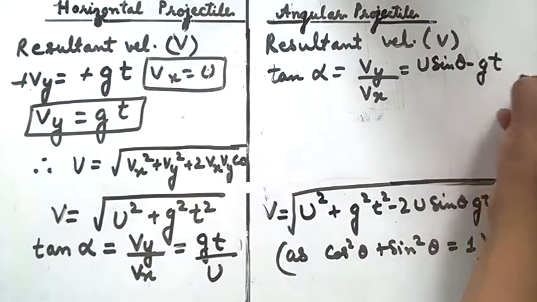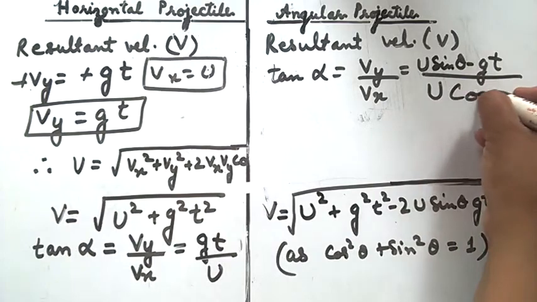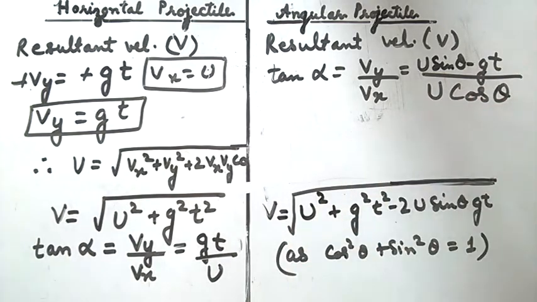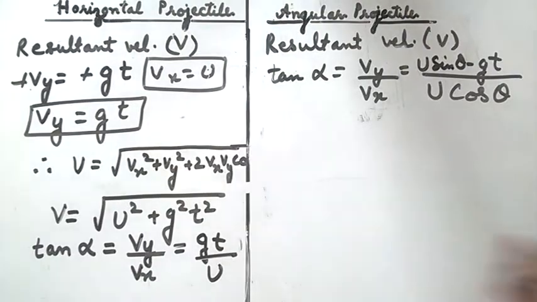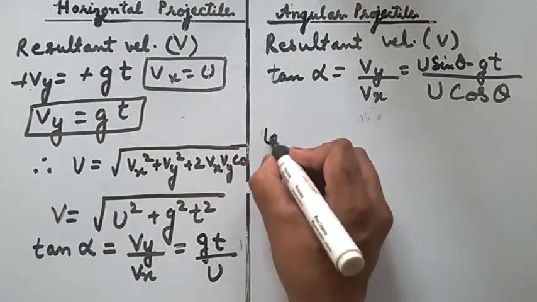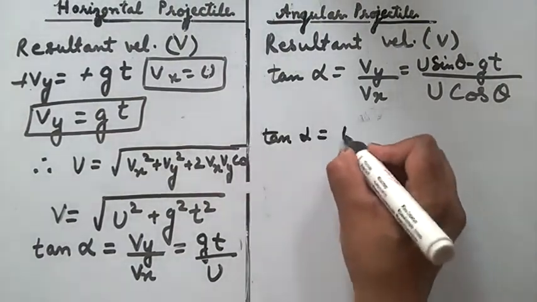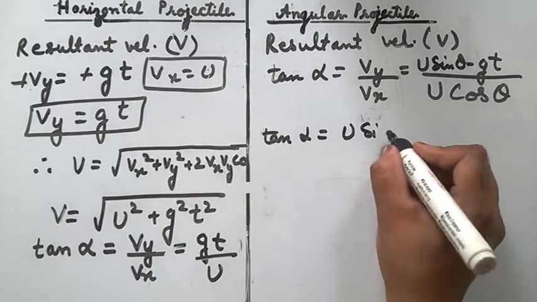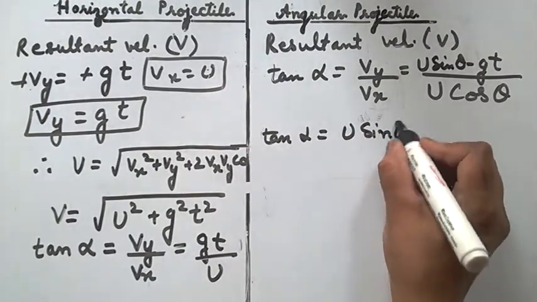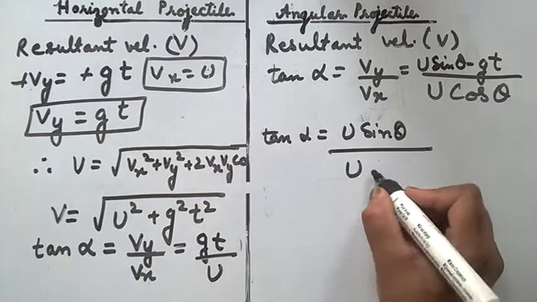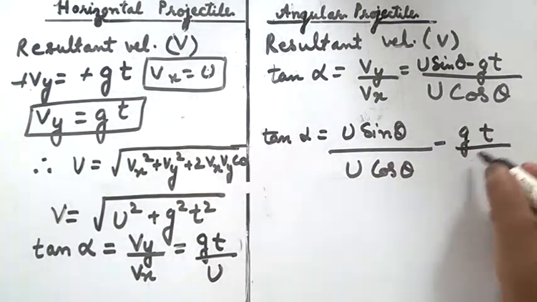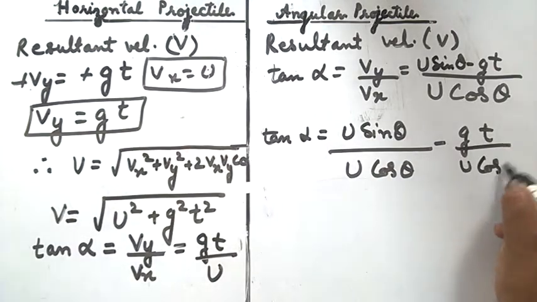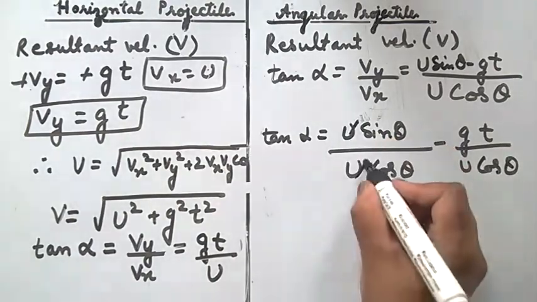Or we can write it as tan alpha equal to u sine theta upon u cos theta minus gt upon u cos theta. It is equal to tan theta minus gt upon u cos theta.